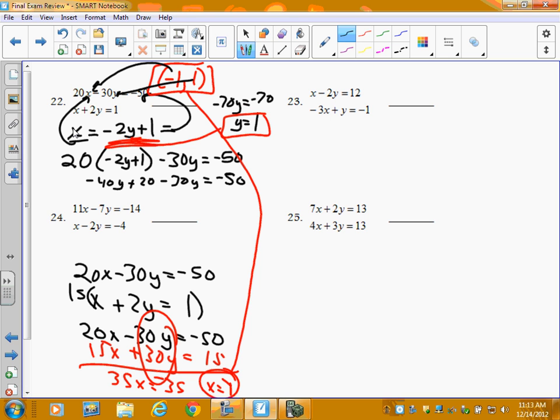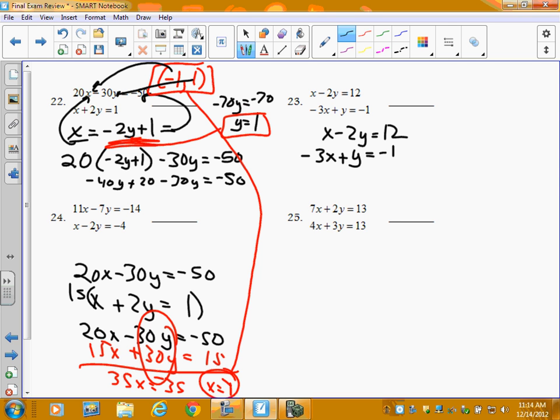Okay, all right, 23. X minus 2y equals 12. Negative 3x plus y equals negative 1. Again, tons of different ways to do this. I could solve the first problem for x. I could solve the second problem for y. I could multiply the top equation by positive 3.